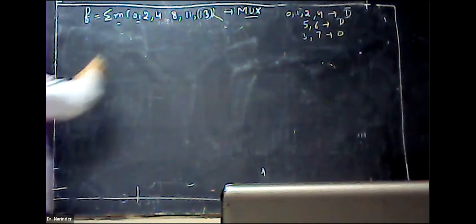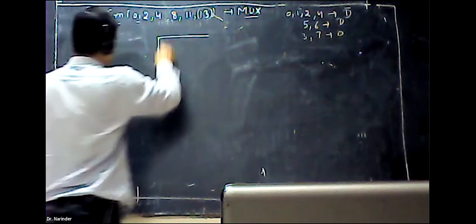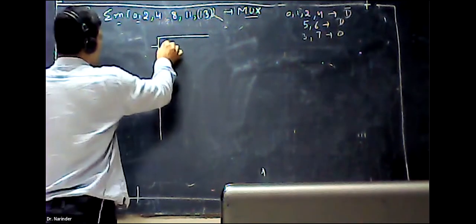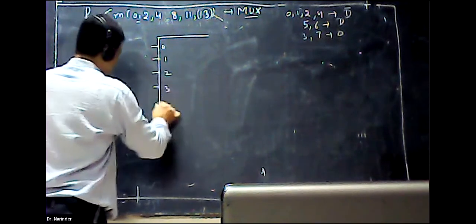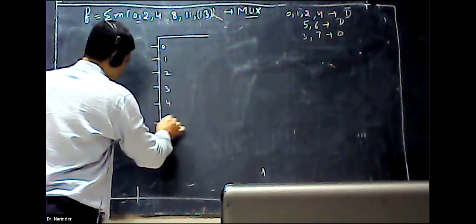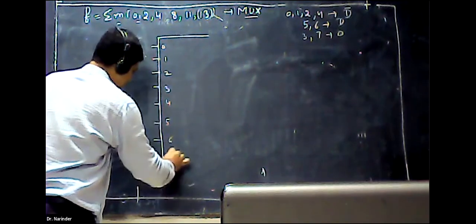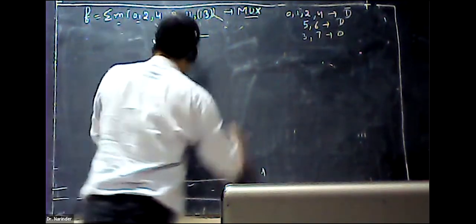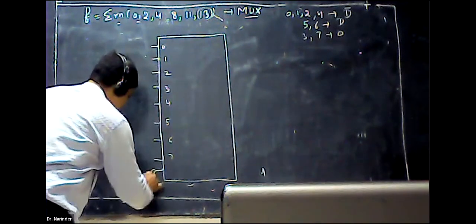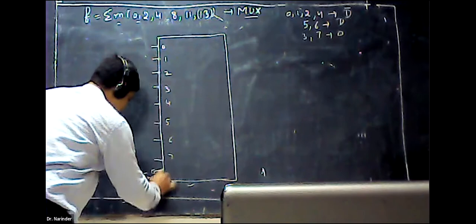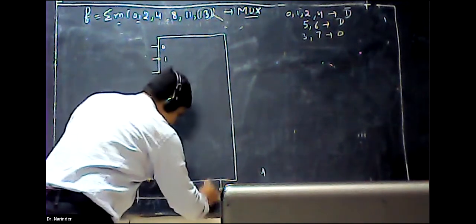Draw the block diagram of the 8:1 mux with inputs 0, 1, 2, 3, 4, 5, 6, 7. Enable would always be there. Then there are the select lines.